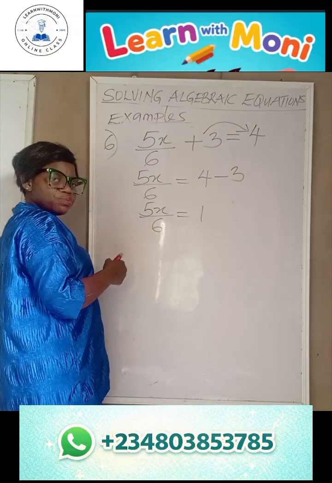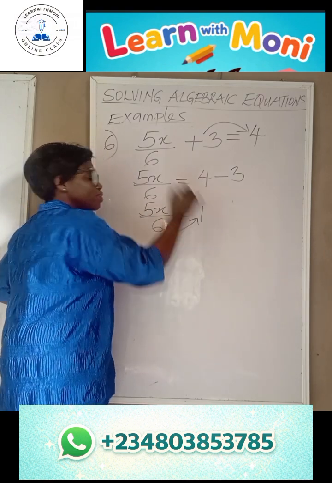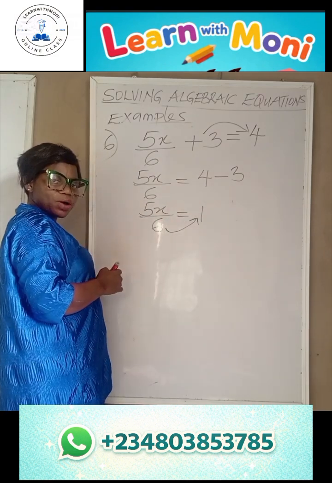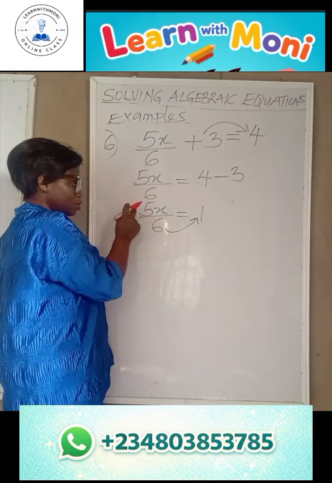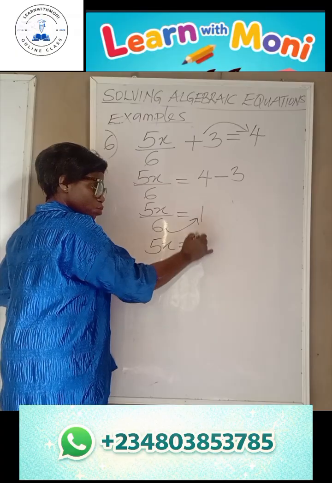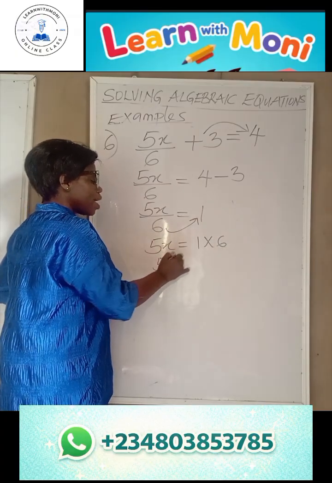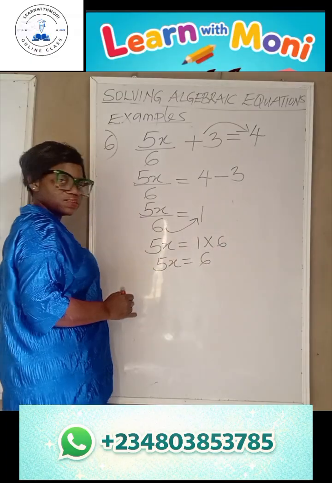So the next thing we'll be moving is the divided by 6. When the divided by 6 crosses over to the other side, it becomes times 6. And on this side, I am left with 5x, which is equal to 1 times 6. I have 5x equals 6.